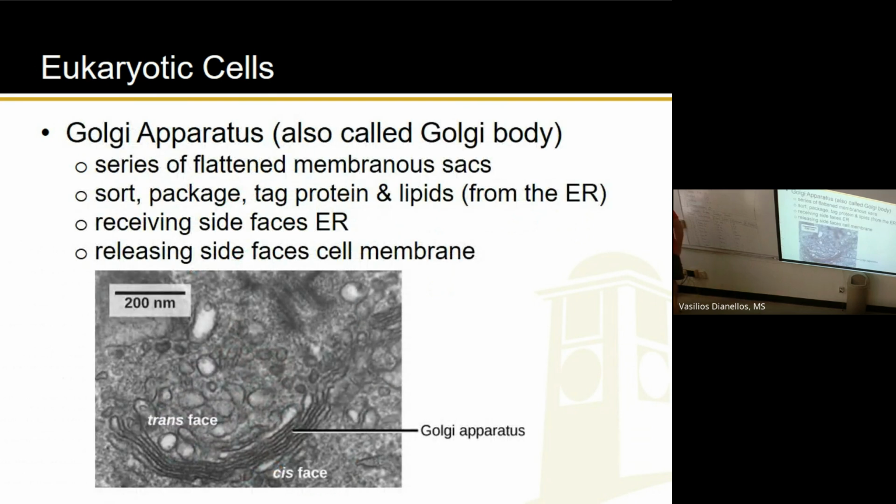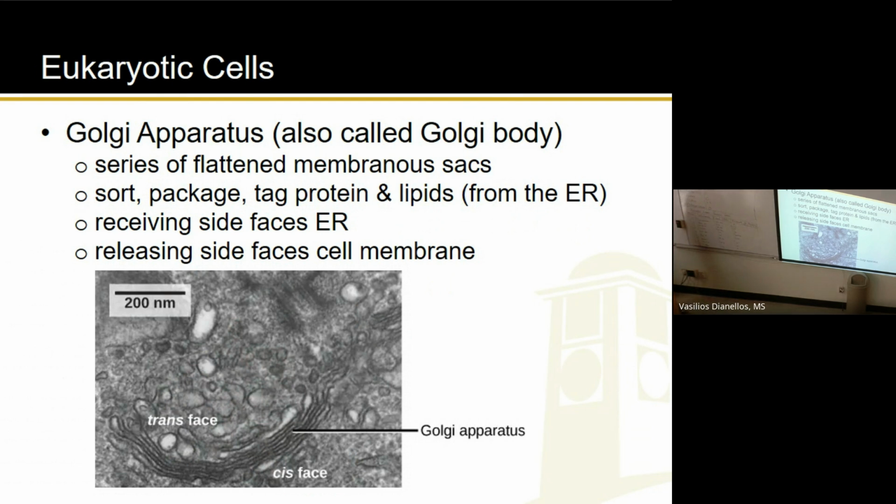And that's where we have this, the Golgi apparatus, AKA the Golgi body. It is a series of flattened membranous sacs. And these things sort, package, and tag proteins and lipids, right? So all the things that were made in the ER then go to the Golgi apparatus where they're basically ready to move, right?